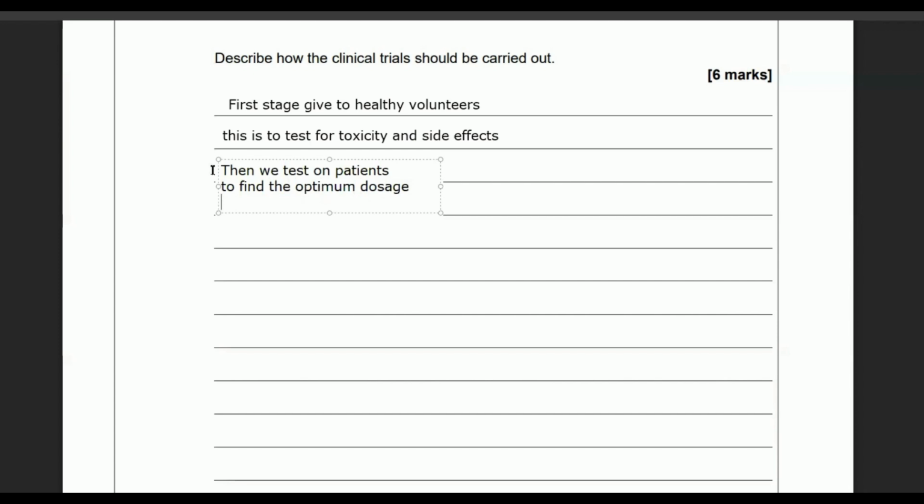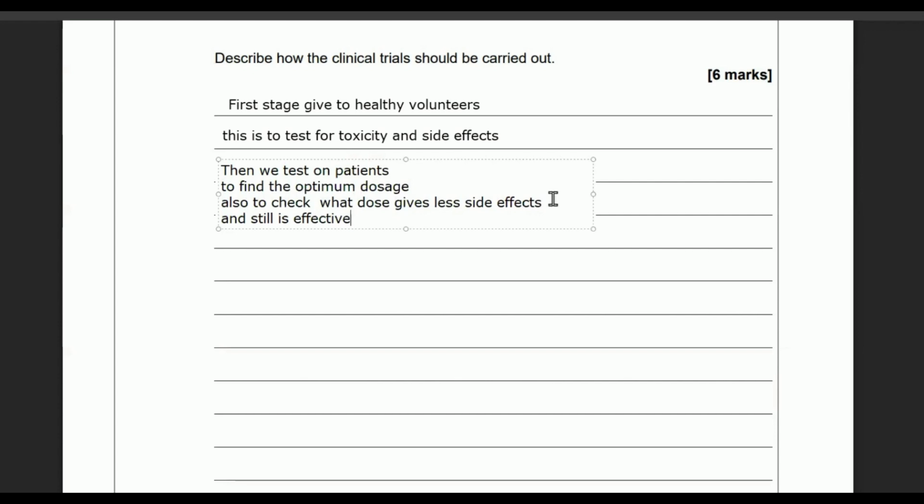Also to check what dose gives less side effects. To be honest, that's what the optimum dosage is. The dose that gives less side effects and still is effective. So we want the dose where its efficacy is at the best with the least side effects. That's the optimum dosage.